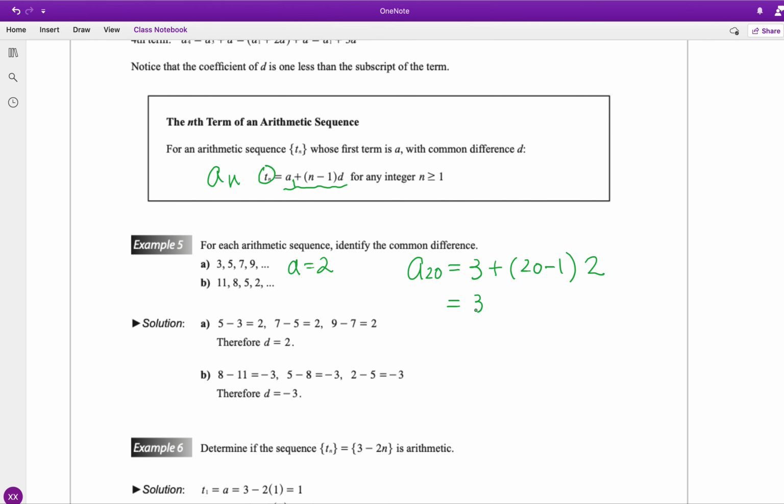So here it is 3 plus 19 multiplied by 2, which gives me 38. Then 3 plus 38 is 41.